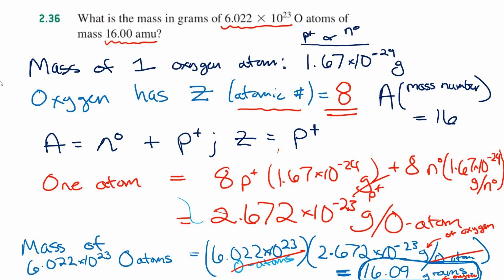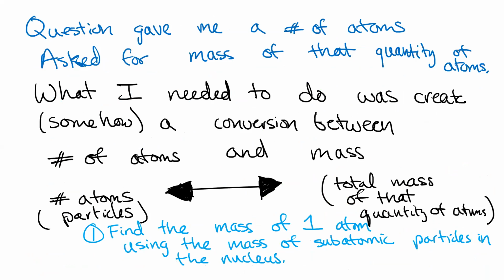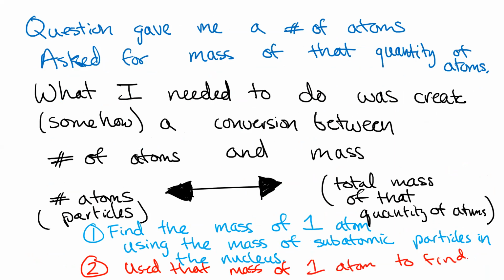Okay, still nothing in the chat. Okay, so next slide is this one. So yeah, we found the mass of 1 atom using the mass of the subatomic particles in the nucleus, and then used that mass of 1 atom to find the total mass of 6.022 times 10 to the 23rd atoms of that element.